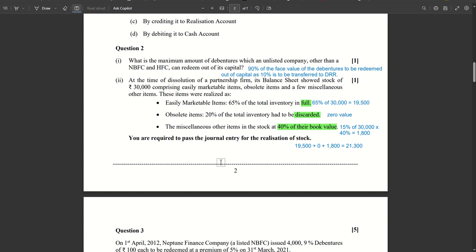So what is the journal entry? I'm sure you must be aware. So let's write it down. Now stock is transferred to realization account already. So stock account will not come into the picture. You are receiving money by selling the stock. So cash or bank account debit, to realization account.